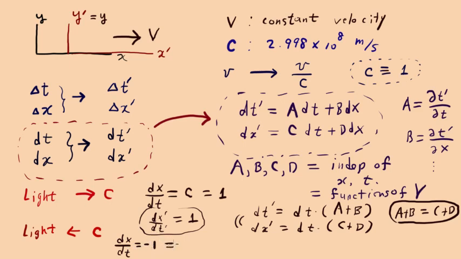If that's the case, according to the postulate by Einstein, we have to get the same thing for dx prime over dt prime. So that's also -1. So let's do the same manipulation here. dt prime in this case: now dx is negative dt, so that means dt times a minus b. And then in the second equation, we can set dx prime equals dt times c minus d.